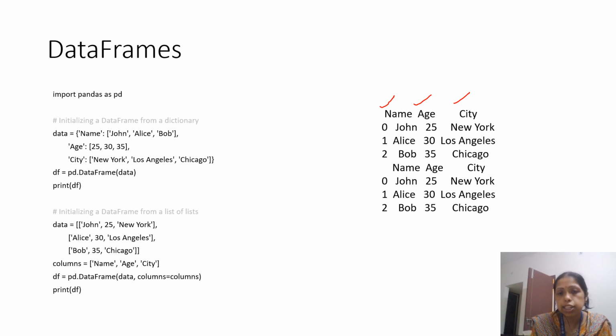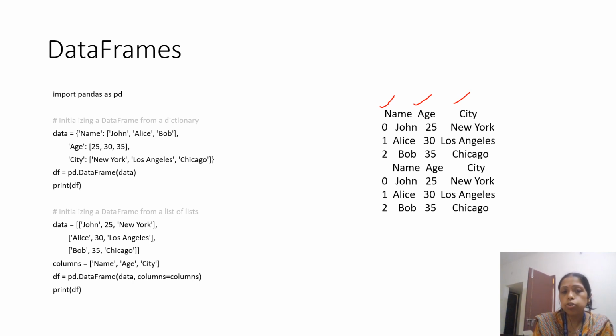So you can create the dictionary. Here the values are again in the form of a list. Inside curly brackets, name colon, and in square brackets we create a list with John, Alice, and Bob. Then comma, and one more key: age is the key, colon, 25, 30, 35.